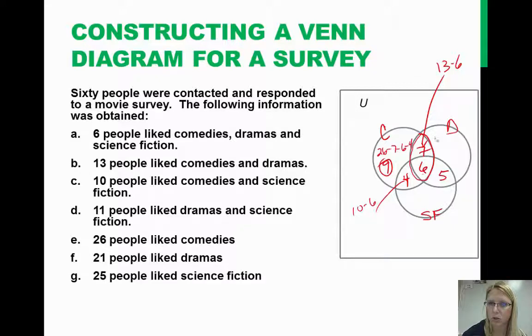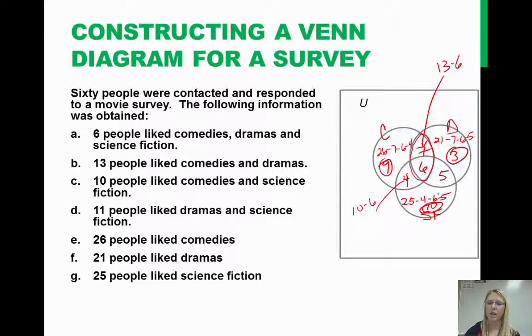So it's going to be 21 minus these 3, so minus 7, minus 6, minus 5. And that is a total of 3. In science fiction, we have 25 people that liked it. So we'll take 25 minus 4 minus 6 minus 5, and that's a total of 10 in this region right here.